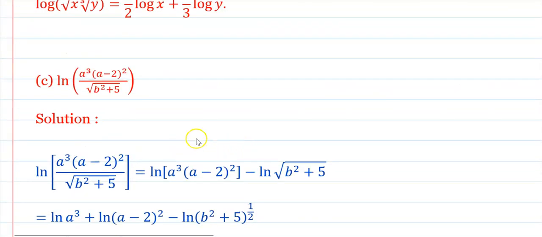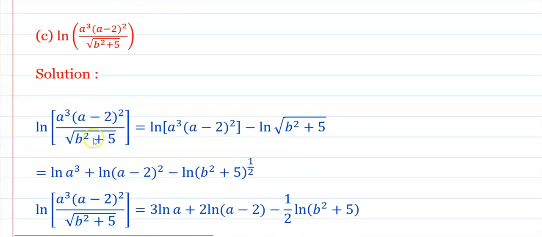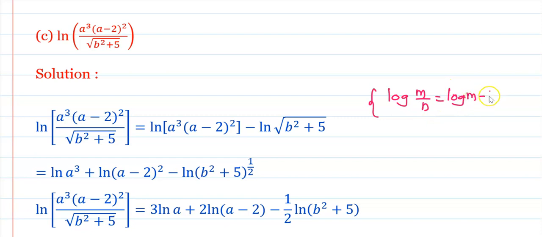Okay. Next, natural log of a raised to 3 into (a minus 2) bracket square upon root of b square plus 5. पुन्हा इथे कसं आहे तर डिव्हिजन आहे. We'll apply here the rule log of m upon n is equals to log of m minus log of n. Similarly here, natural log of a raised to 3 into (a minus 2) bracket square minus natural log of root of b square plus 5.